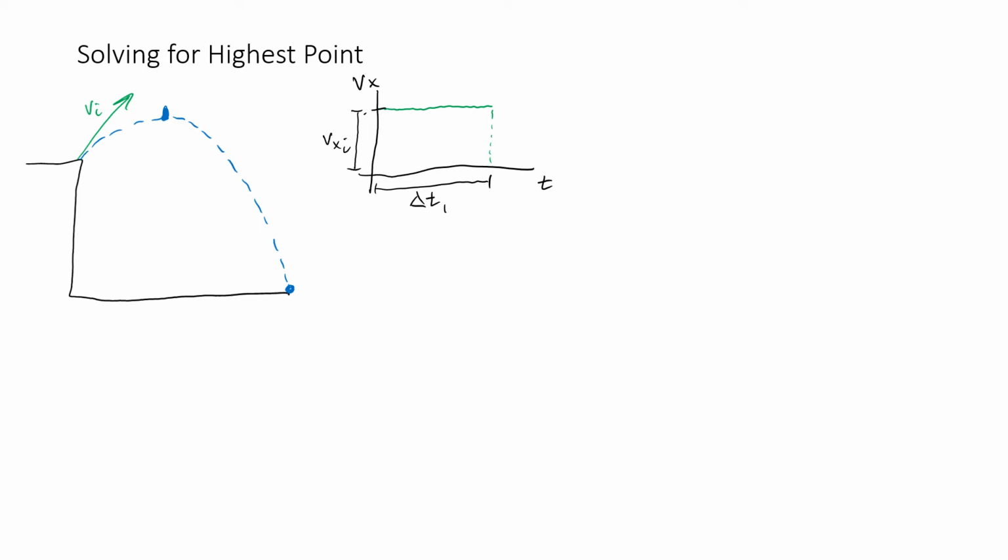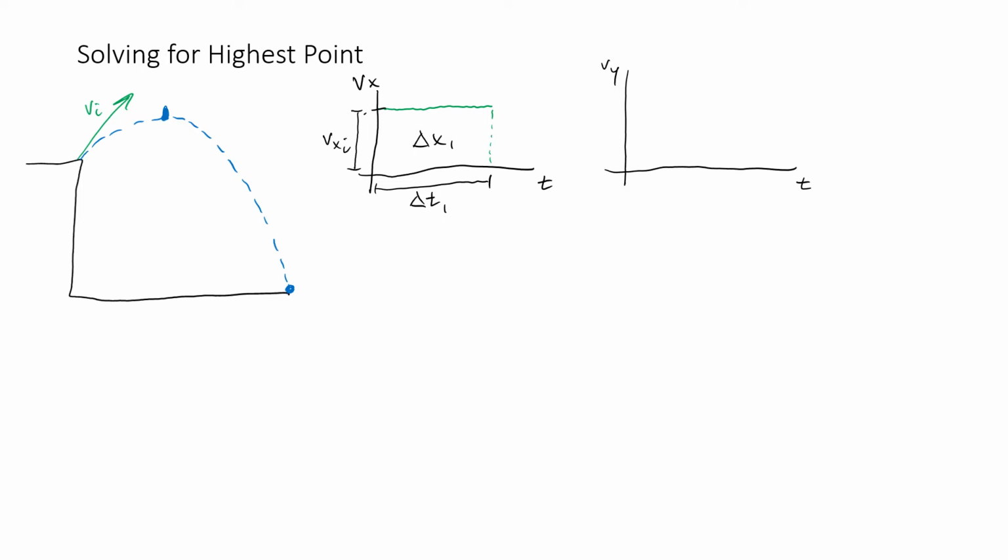The area inside this graph will be the horizontal distance traveled. Again, I'll put a 1 on that because this will be the distance traveled just during this first segment of the motion that we're trying to analyze. We'll also be interested in drawing a velocity graph for the y component.